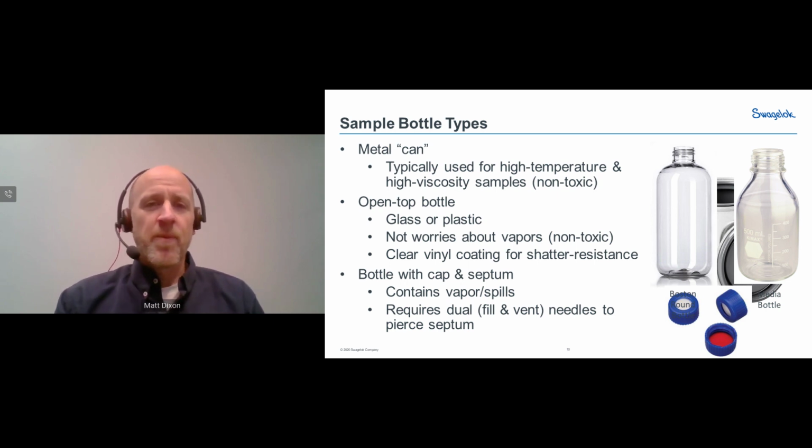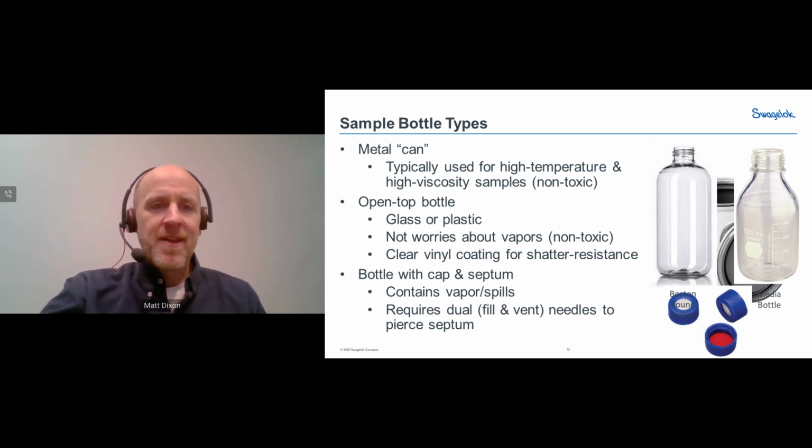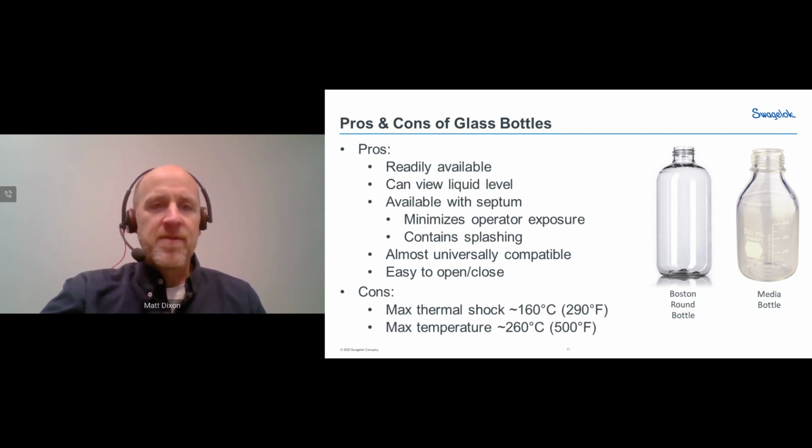And if you heat it up to the point where it can pass through those small diameter needles, chances are you're going to meet or exceed the temperature limitations of the cap and septum itself. So generally, we're looking at either the cans or the glass bottles. So let's take a look at some of the pros and cons of those.